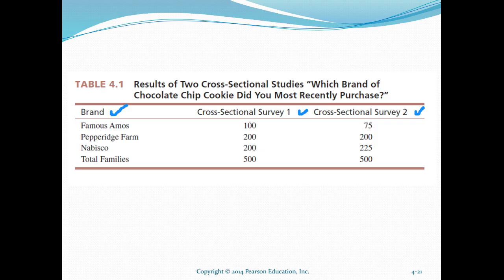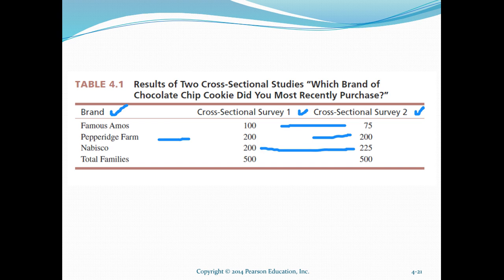In survey 2 we got 35 responses in favor of Famous Amos. In survey 1 we have 200 for Pepperidge Farm, and for Nabisco we have 200 and 225 responses.